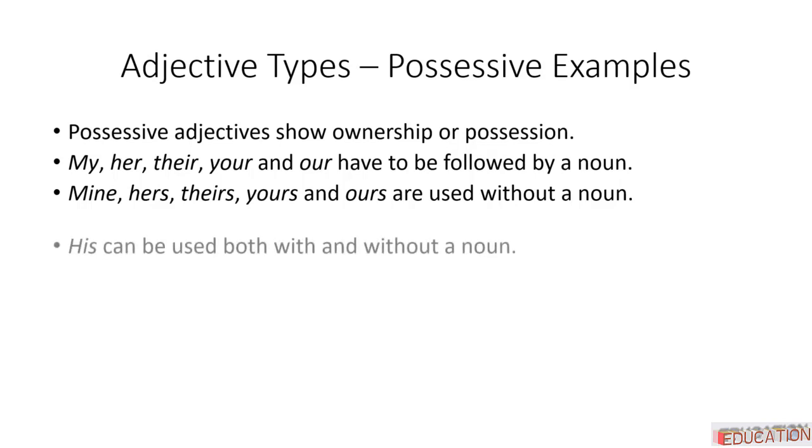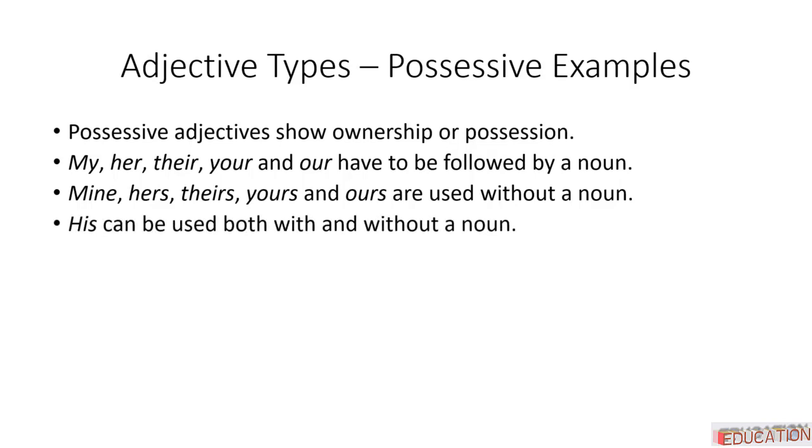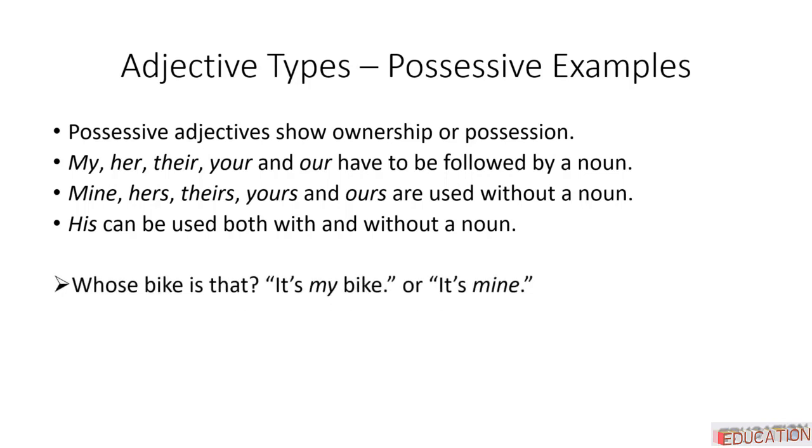And as a small exception, his can be used both with and without a noun, as we will see. Whose bike is that? And the answer is it's my bike, or it's mine. Now, if you just use the first one without the noun, it's my, it is wrong, or it's mine bike is also wrong. So either it's my bike or it's mine.